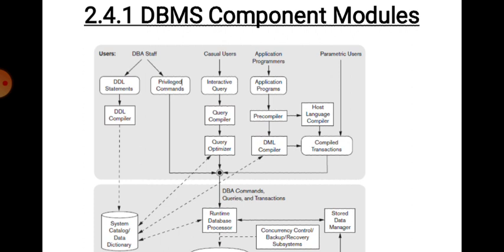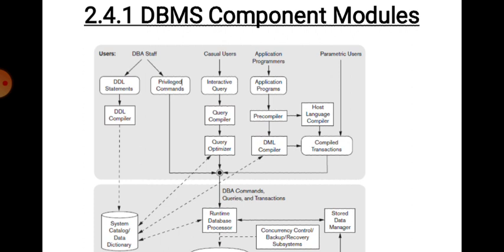Application programs are compiled by the pre-compiler. The pre-compiler separates DML statements, which pass on to the DML compiler, and the host language compiler takes up host language statements, and the DML compiler and host language compiler again send the statements to compiled transactions.